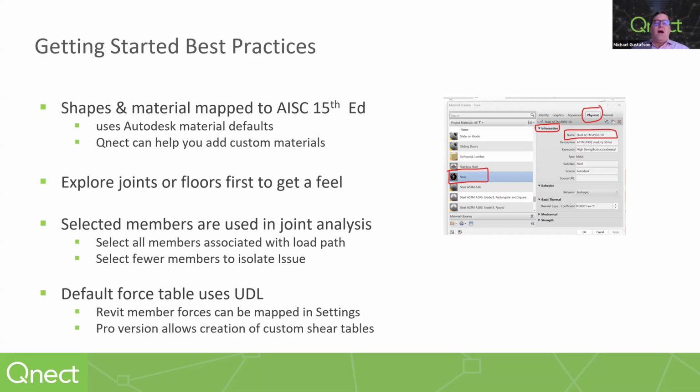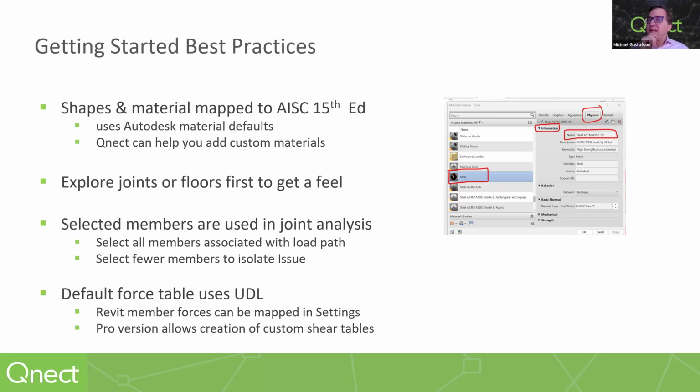And I wanted to give you just a few hints in terms of getting started with our solution. What are some of the things to keep an eye out for? There are really 4 different things that I wanted to highlight today in this webinar. One is the shapes and materials, when you're first running your models.